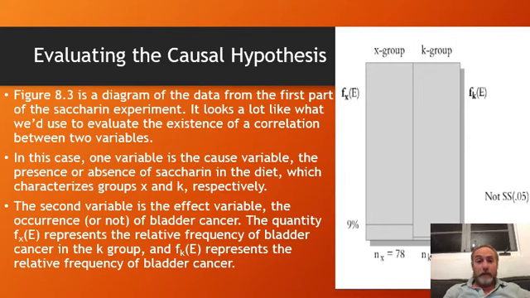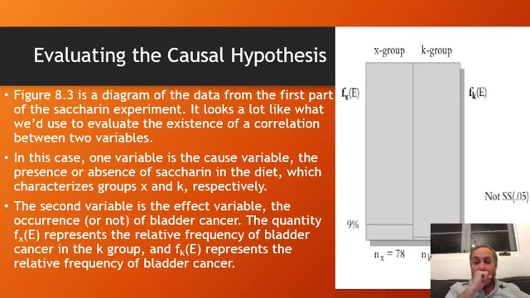Okay. So figure 8.3 is a diagram of the data from the first part of the saccharin experiment. Notice it looks a whole lot like the diagram we'd use to evaluate the existence of a correlation between two variables.